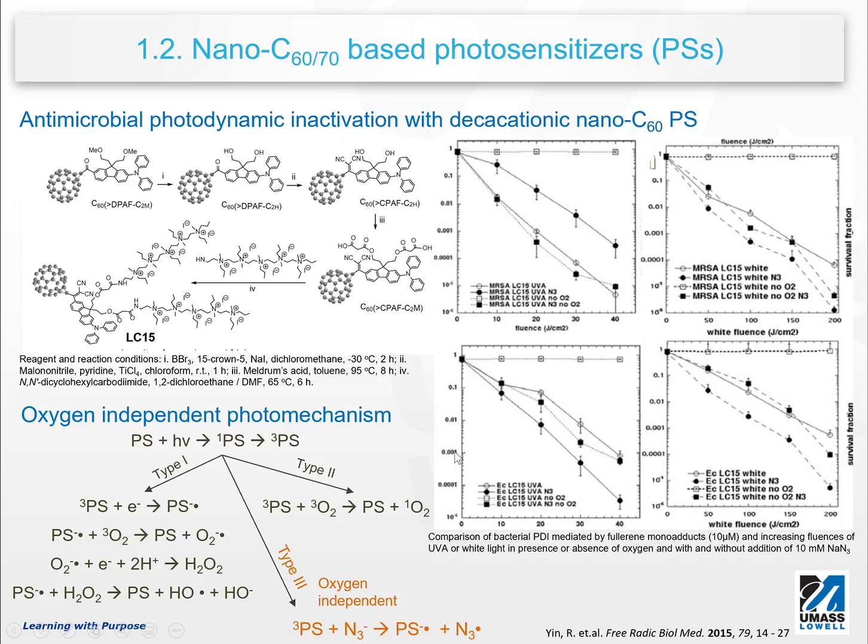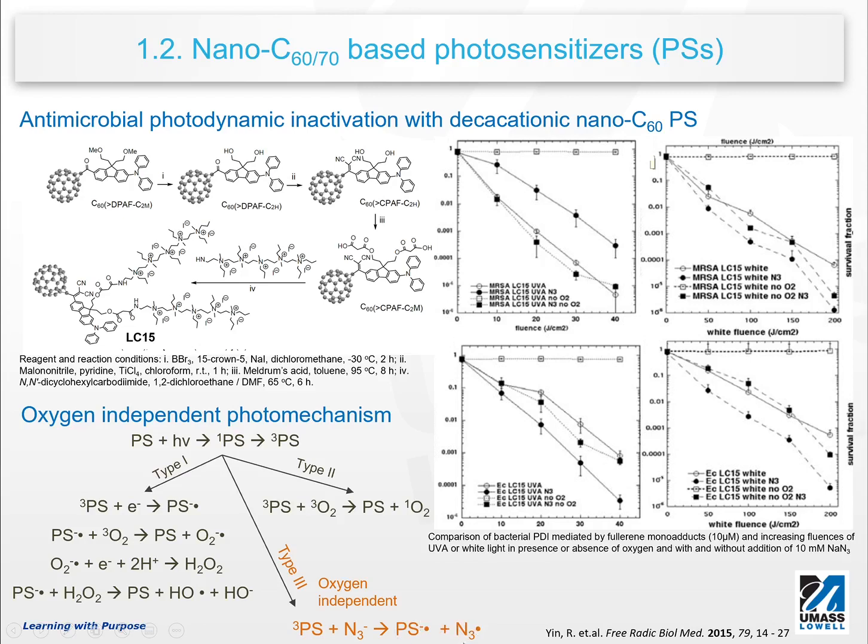All the results are showing similar oxygen independent killing, so we hypothesize the type 3 mechanism. The type 3 mechanism is without the existence of oxygen. However, if we have other ions there, and once the photosensitizer is in its triplet state, then the ion might donate one electron to the photosensitizer, and we generate an ion radical and the photosensitizer radical.